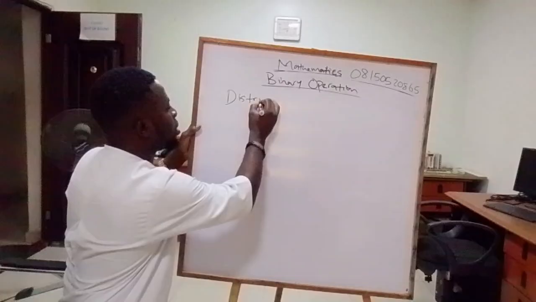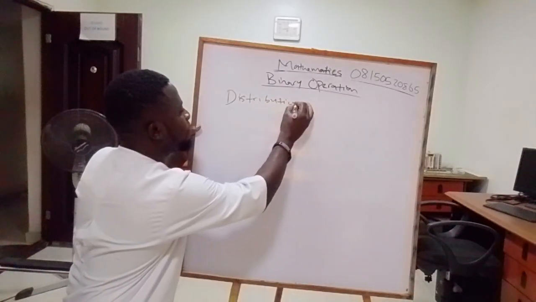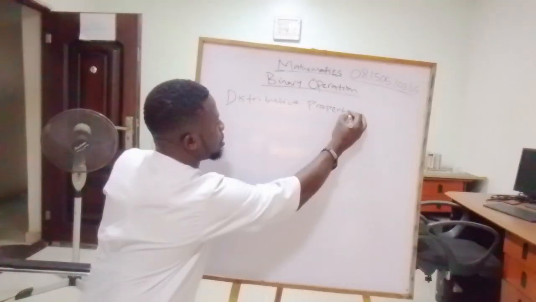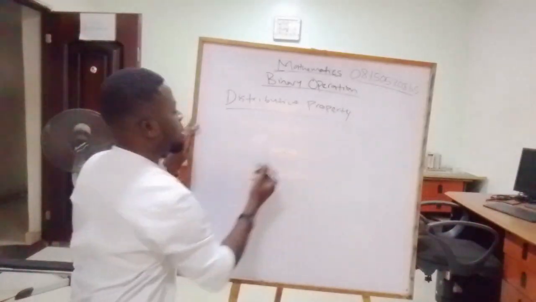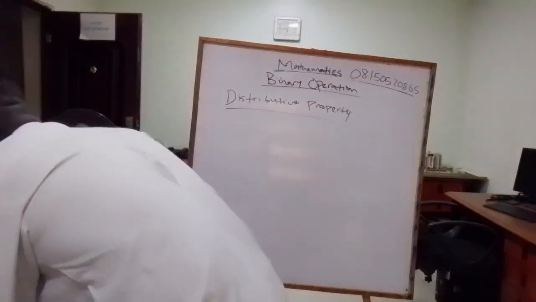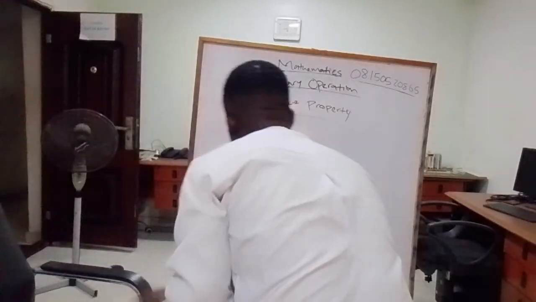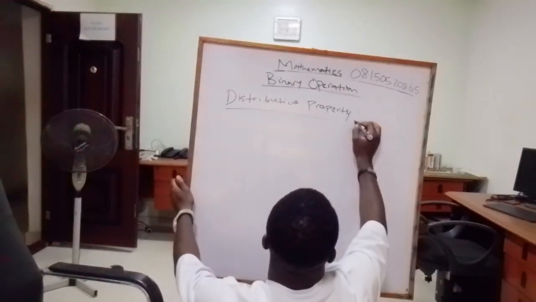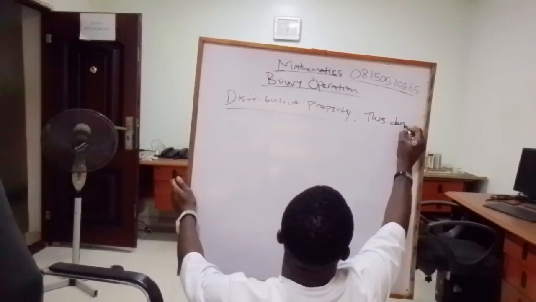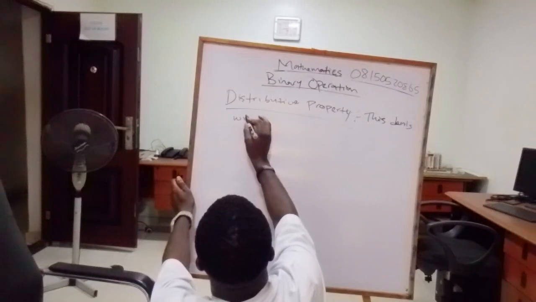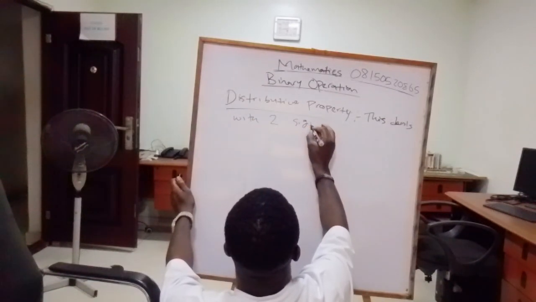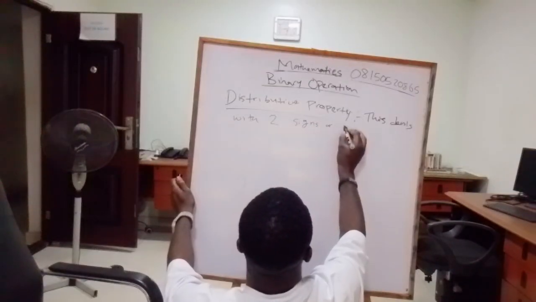Distributive property. Now, if you want to deal with distributive property, let me just go straight to the point. It deals with two signs or symbols.